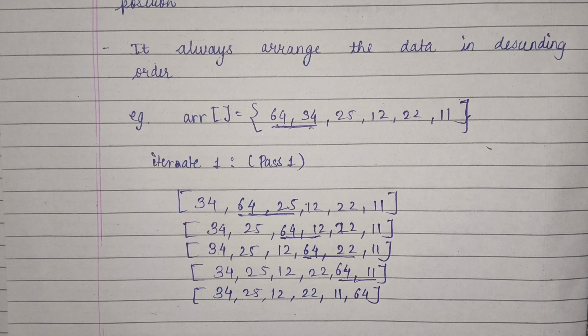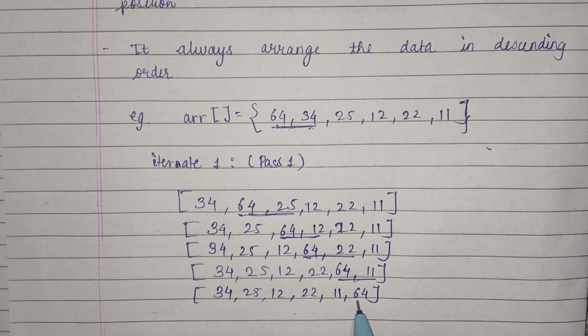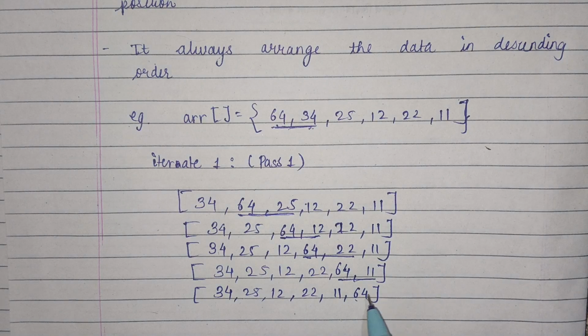As we discussed in the above points, it arranges the elements by placing the biggest number in its proper position. So it has placed the biggest number in its proper position, which is the last.